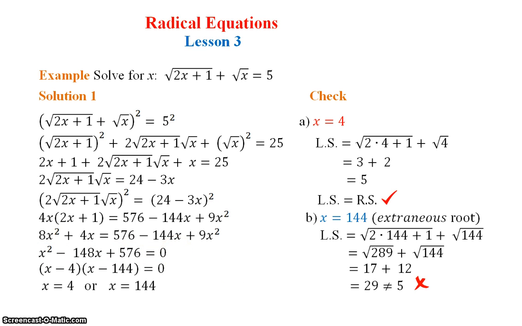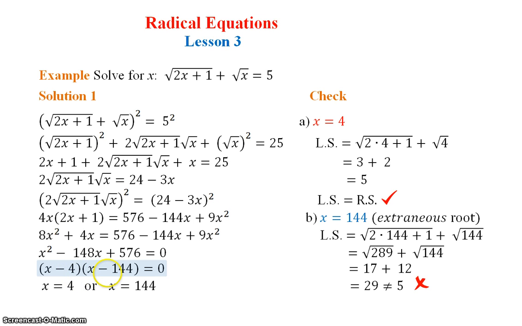This is a quadratic equation. And this quadratic trinomial could be factored as x minus 4 and x minus 144. Because the product of negative 4 and negative 144 is 576, and the sum of negative 4 and negative 144 is negative 148.